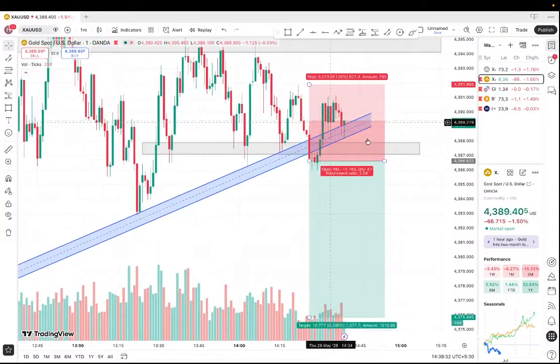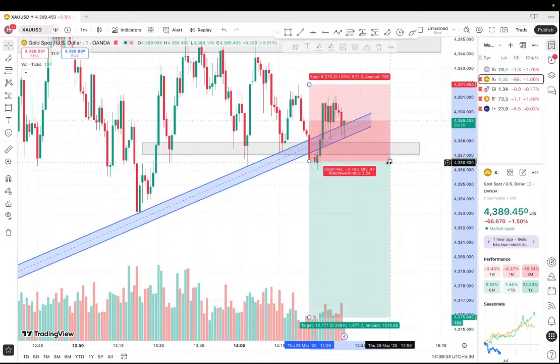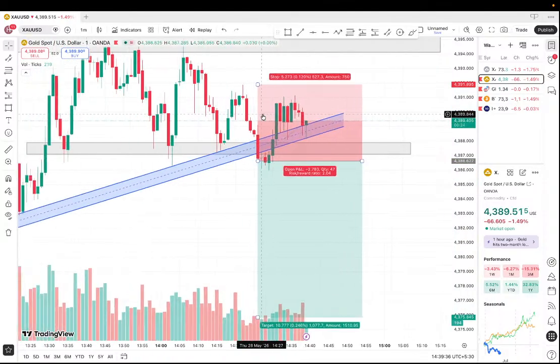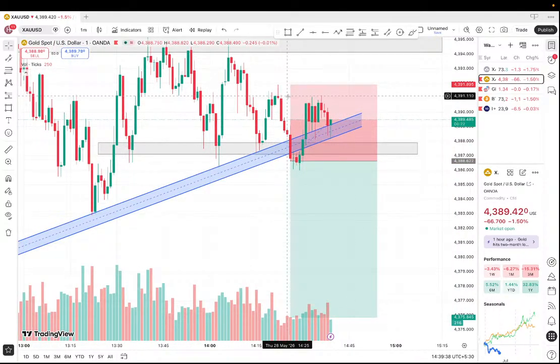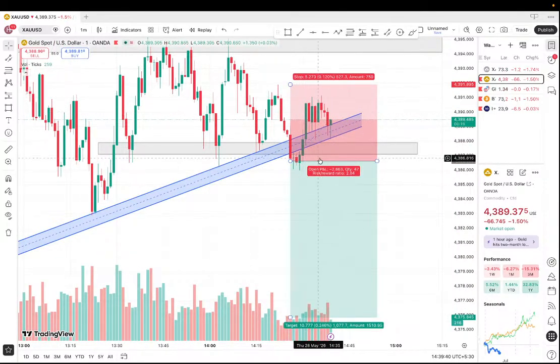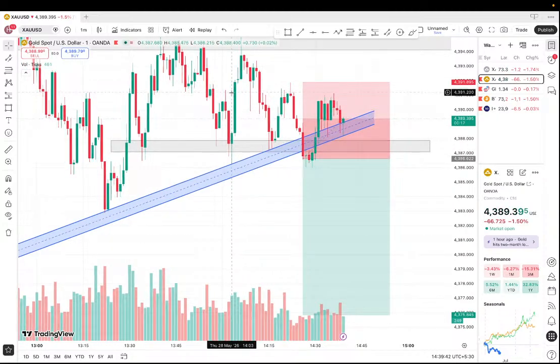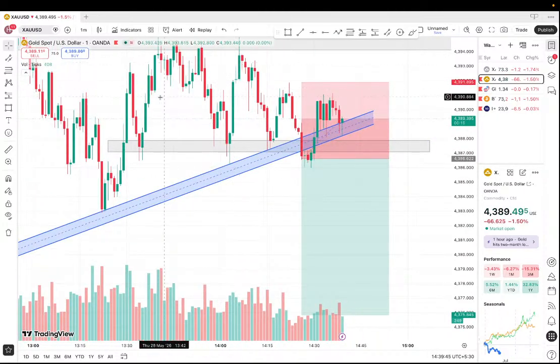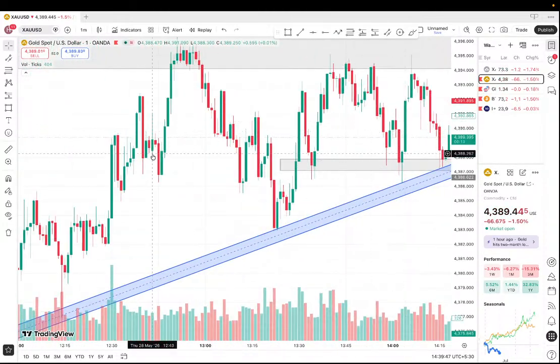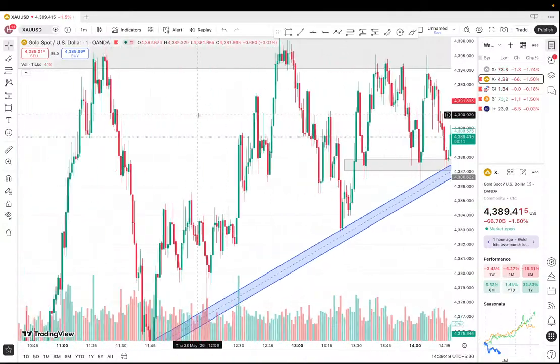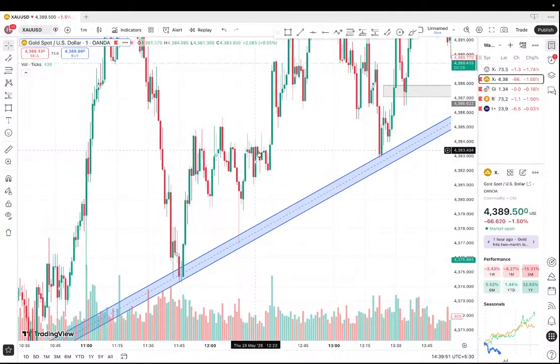We need some good amount of volume. But this is how it is. It's never going to work like that, that you'll see very quick moves like this. Most of the times it's like this.